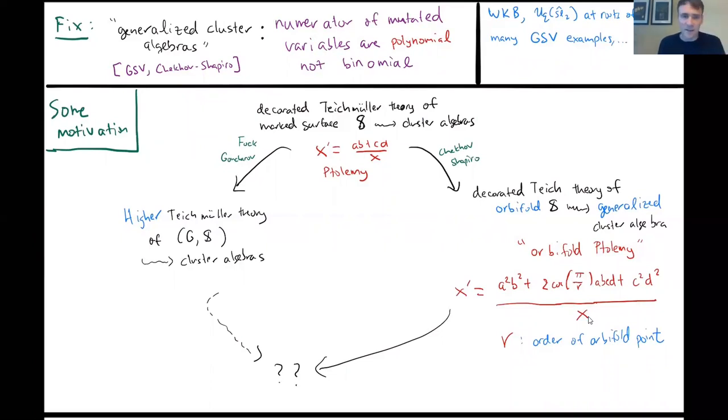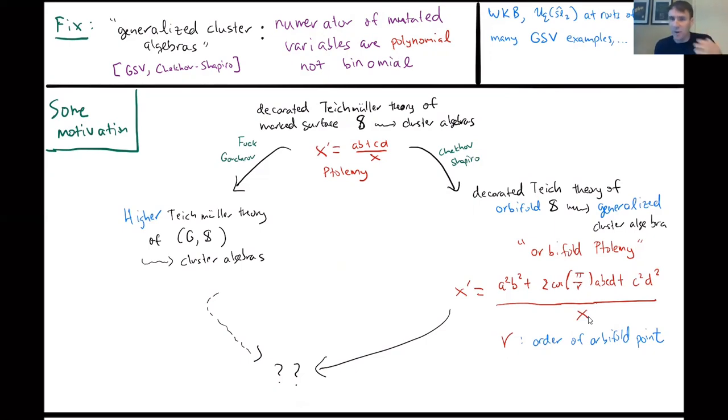Geometrically, that has to do with decorated Teichmuller theory of a marked surface. There's a very nice cluster algebra interpretation of things, and mutations are these things called Ptolemy relations. Cluster variables in this setting correspond to lengths of some arcs with respect to a hyperbolic metric. And the Ptolemy relation is some statement about lengths inside a quadrilateral.